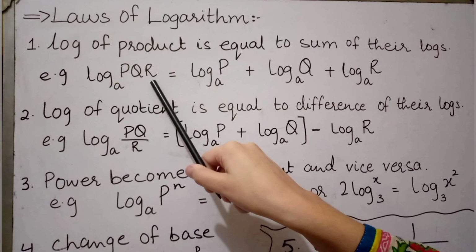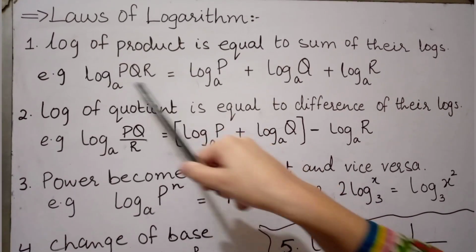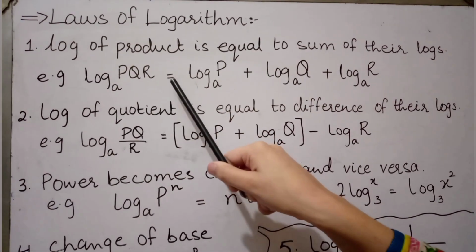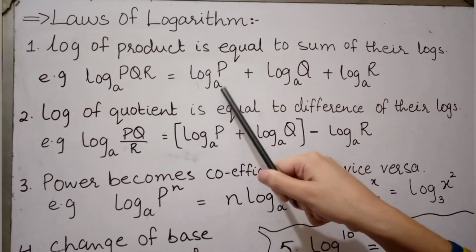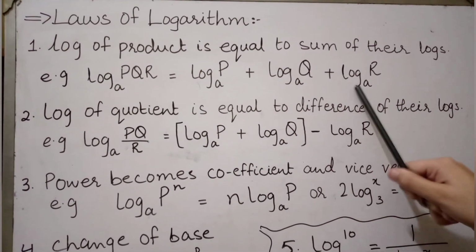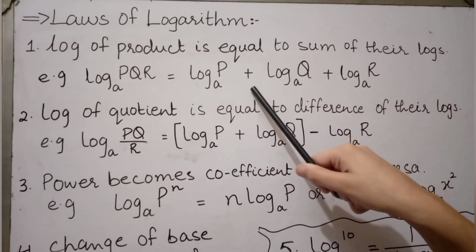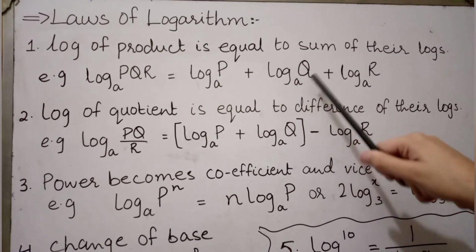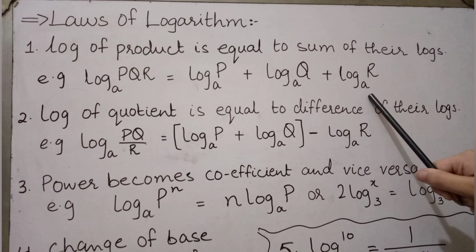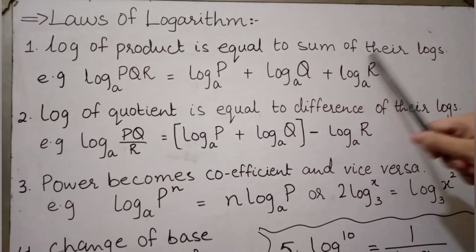Now PQR, P multiplied by Q multiplied by R. So this is the product of P, Q and R. Now it will be equal to log base a, the base will remain the same in all of them: log base a of P plus log base a of Q plus log base a of R. Okay, so log of a product is equal to the sum of their logs.